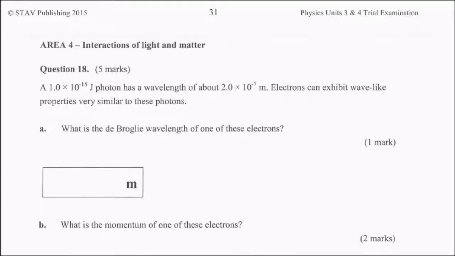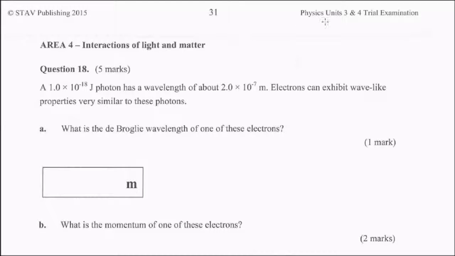Starting off with question 18, we're told about a photon which has a certain amount of energy and a certain wavelength. We're told that electrons can exhibit wave-like behavior very similar to these photons. What is the de Broglie wavelength of these electrons?